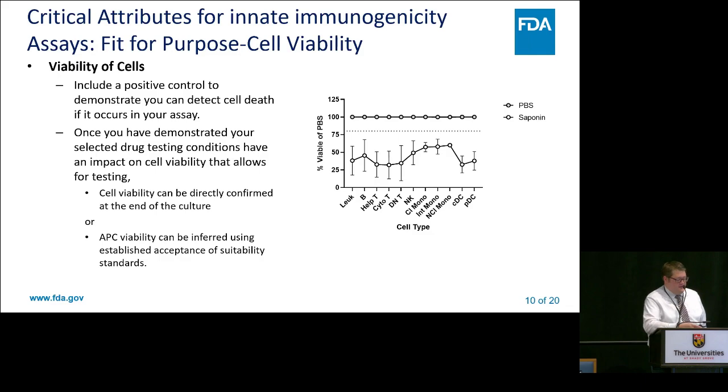We also ask, it seems trivial, but we also ask as you submit your data, provide a positive control in your assay demonstrating that your viability assay can in fact capture cell death.